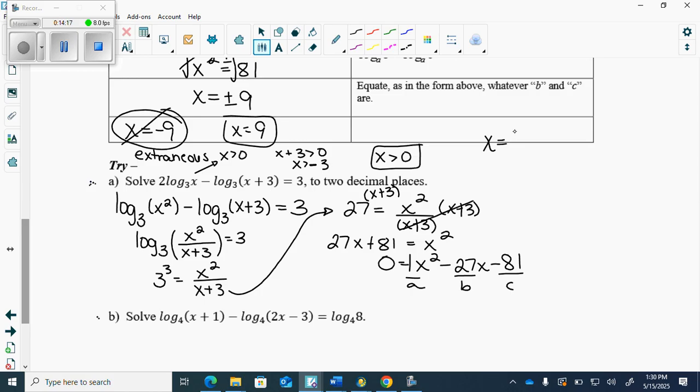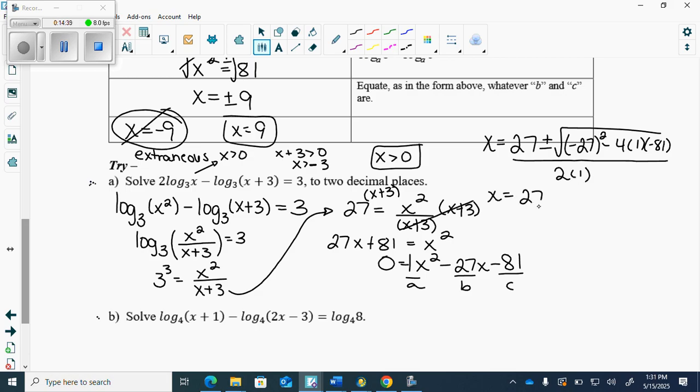So I get b, why there is b? I get positive 27 is minus 27, plus or minus negative 27 squared, minus 4 times 1 times negative 81, all over 2 times 1.